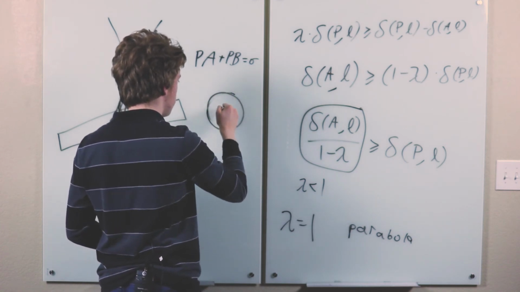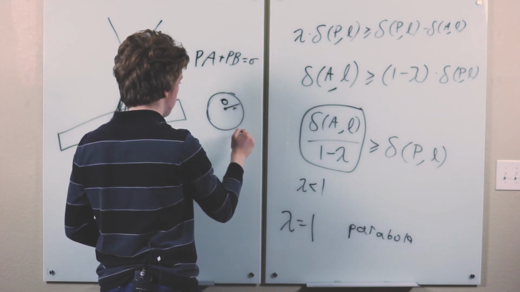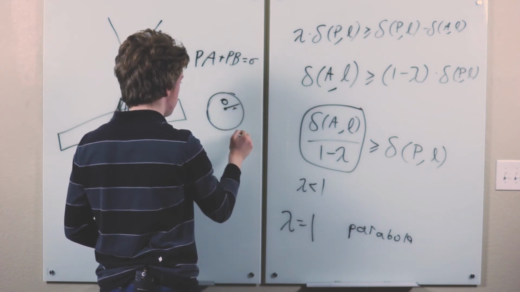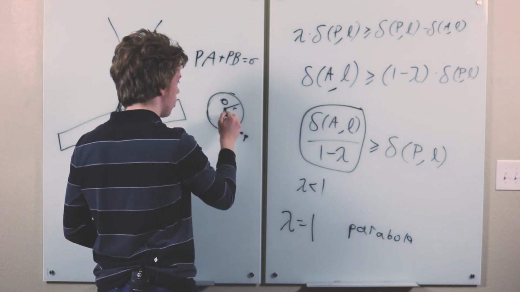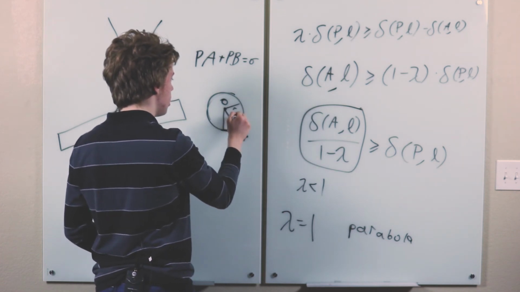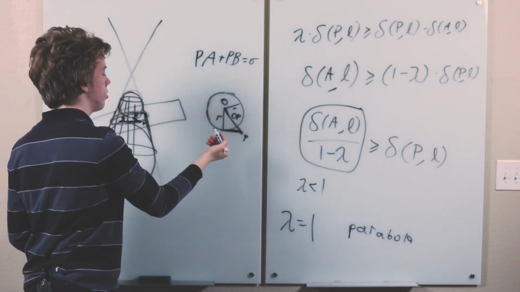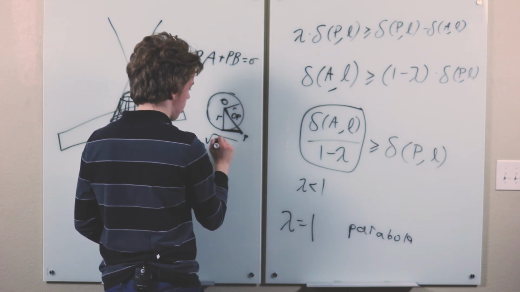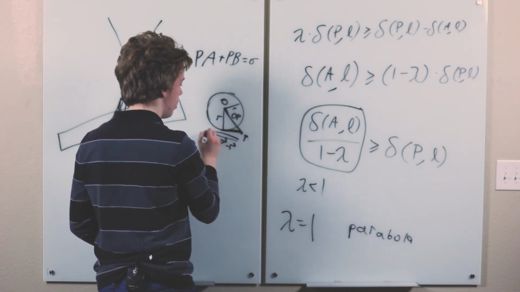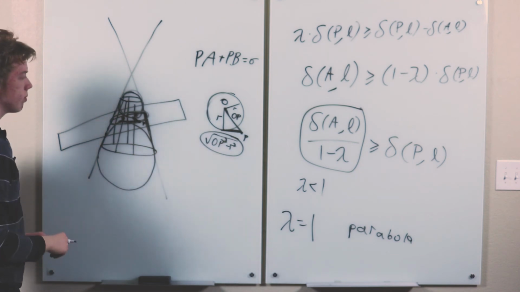Because, for example, if the center of our sphere is O and its radius is r, and you take any point P and draw a tangent, then you get a right triangle. And so the hypotenuse is fixed length, and one leg is fixed length. So the other leg has fixed length. And this length is the length of any tangent from P to the sphere.